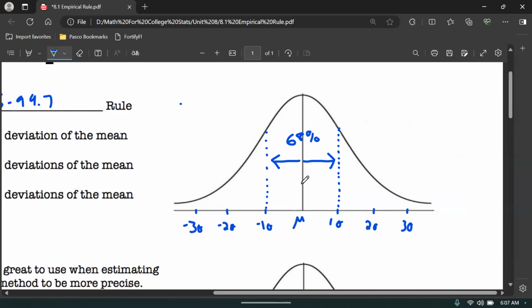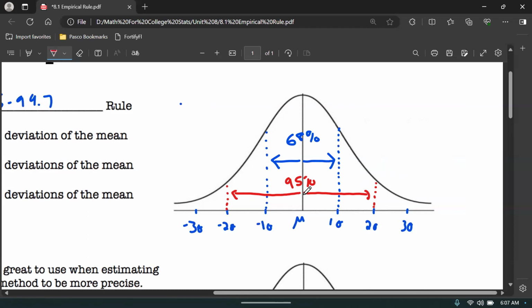Now, 95, you can see where this might be going. 95% of the data is within two standard deviations. So from this part to this part of the distribution, 95% of the data lies within this region. Most of the data would be within this distance.